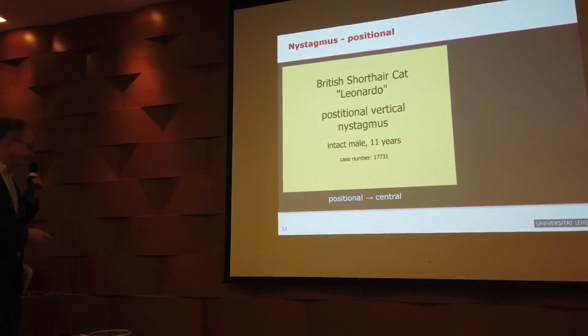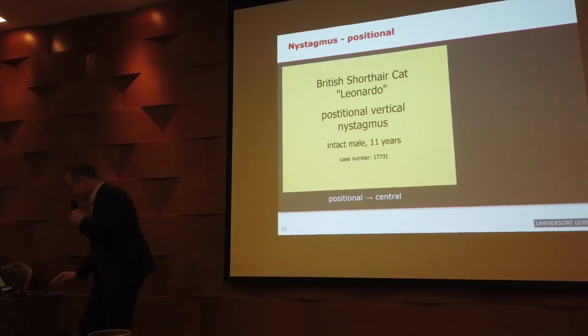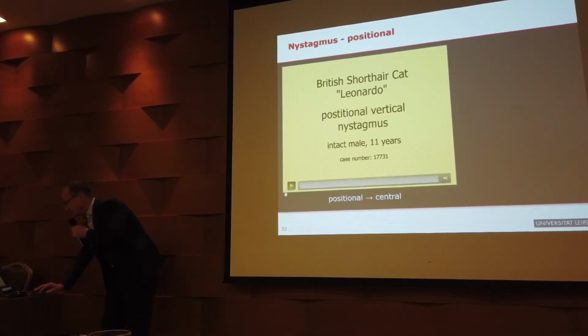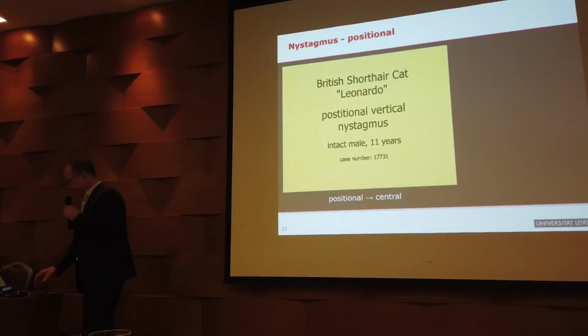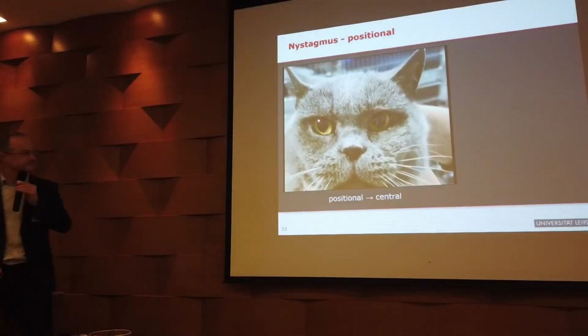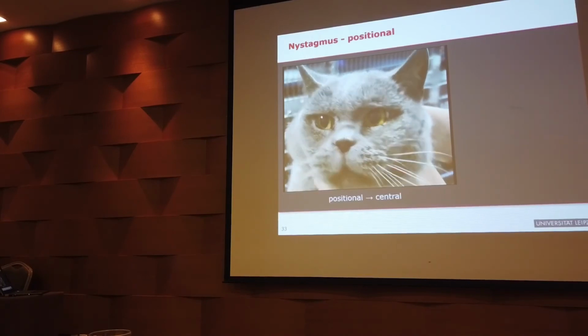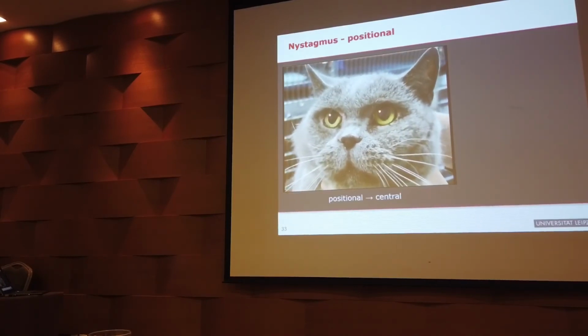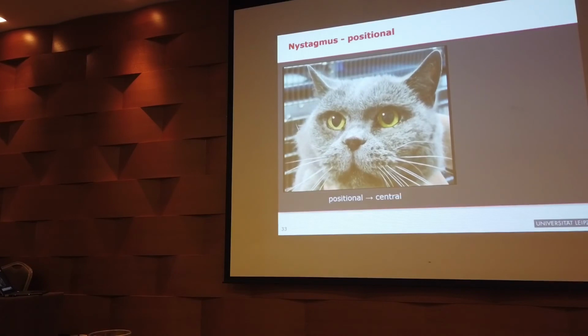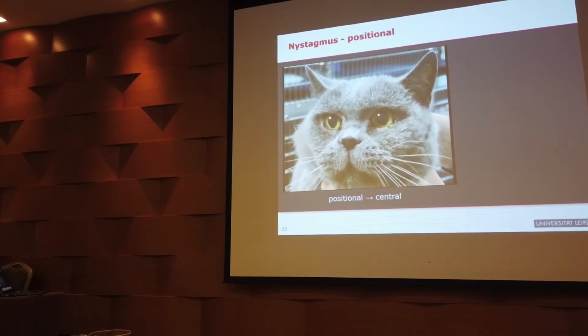So this cat actually did have quite some X-rays, and then it was seen by neurology, and we did our normal neurological examination. You can see there's no nystagmus. It was a pretty happy cat for us. He just doesn't know what's going on, why he has to look in the camera.